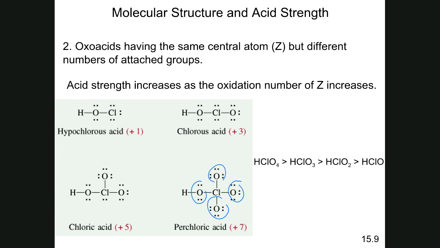So the oxidation number is higher and you have a greater number of oxygens attached. If you have oxy acids where the elements are the same except for the number of oxygens, the greater number of oxygens means a greater oxidation number for the central atom, and a stronger acid.